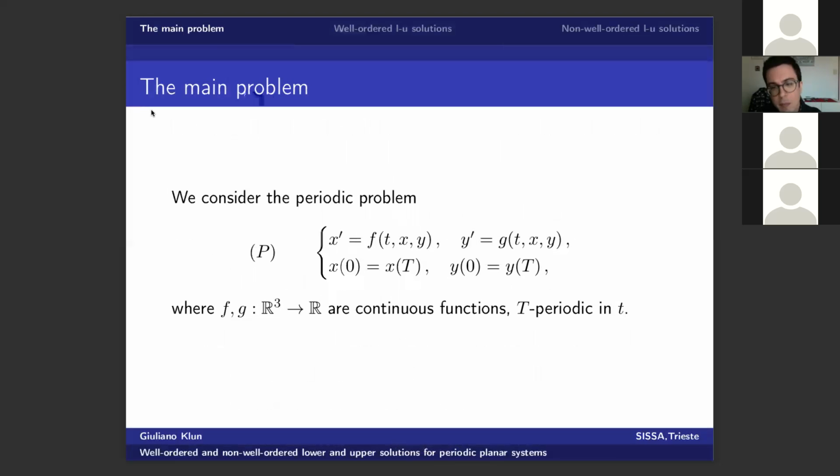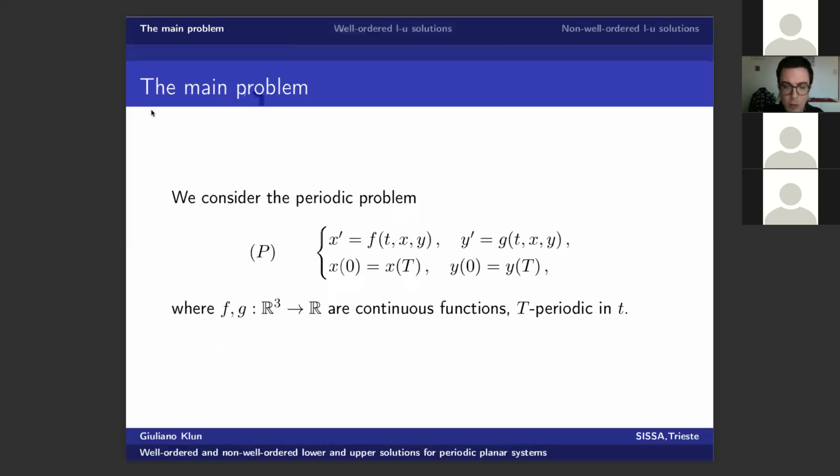So today we deal with the following periodic problem of the form x' = f(t, x, y), and y' = g(t, x, y), with periodic conditions at the boundary of the interval [0, T].